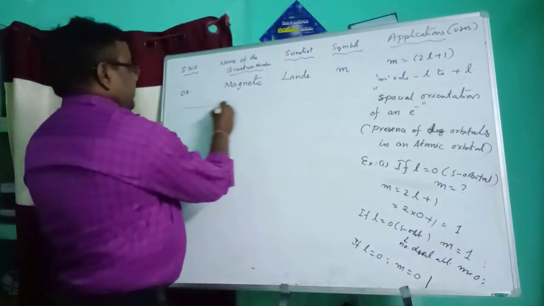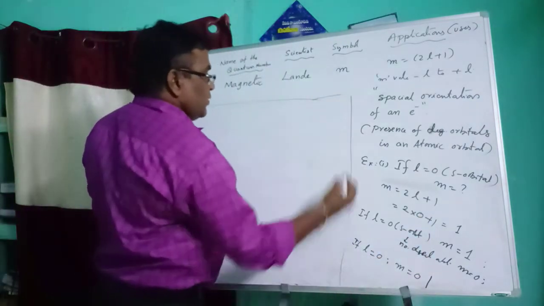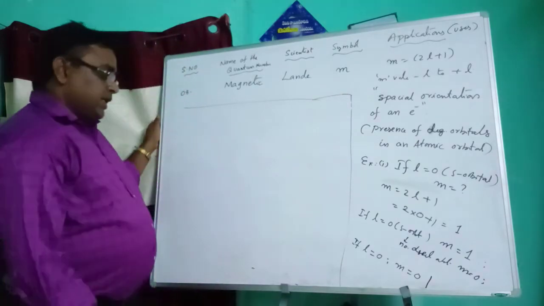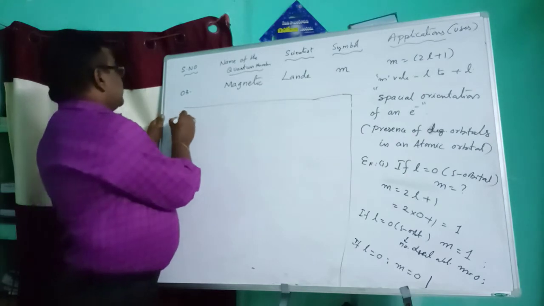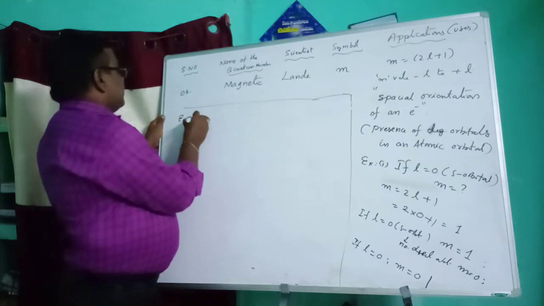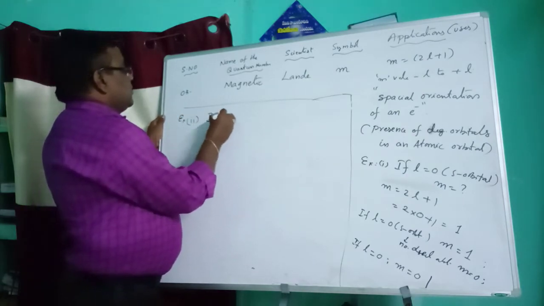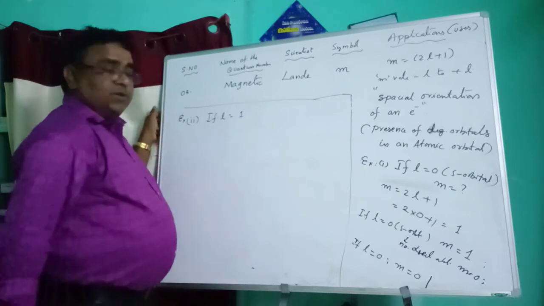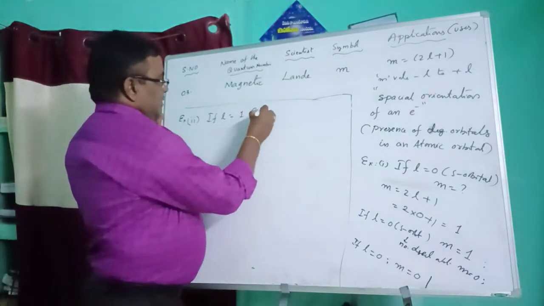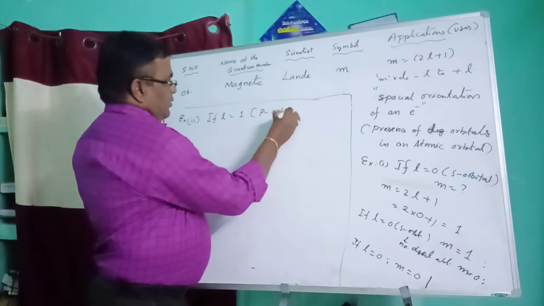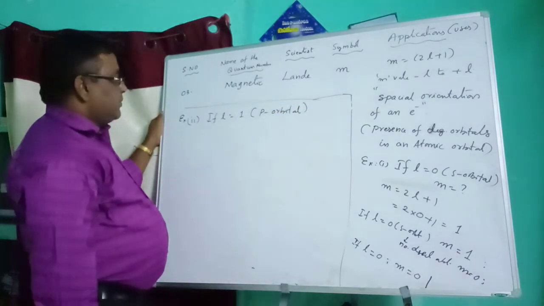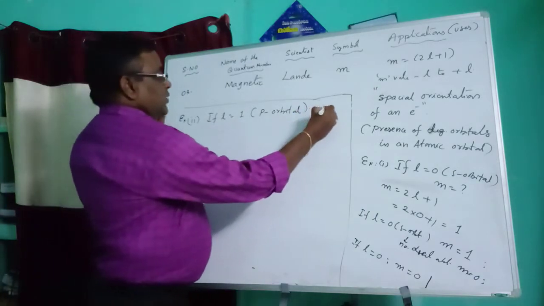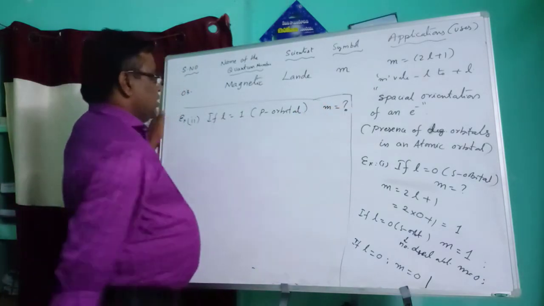Let me explain another two examples, so you can get a complete idea of magnetic quantum numbers. Example 2. If L is equal to 1, that's called p orbital. M is equal to how much?